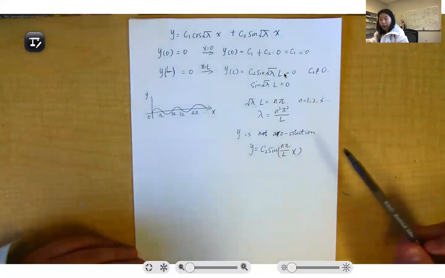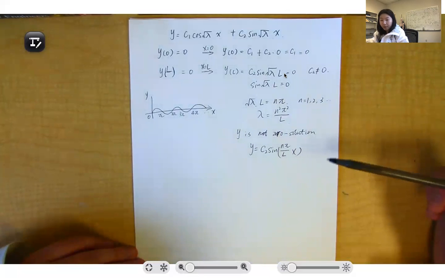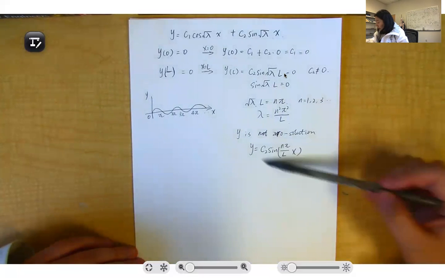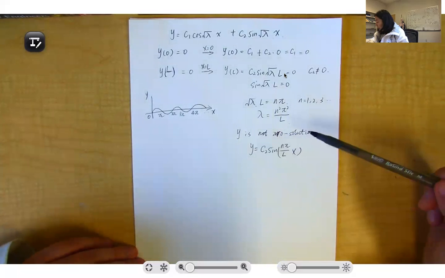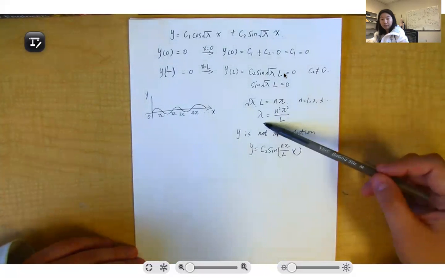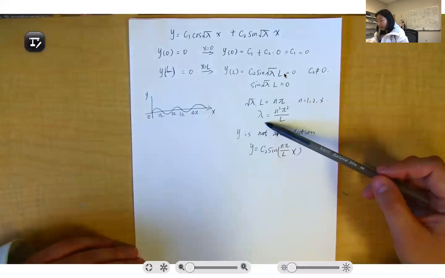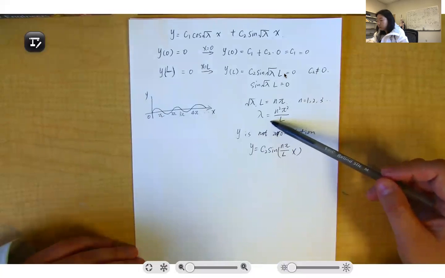Then we have to remember that our solution is based on an assumption before. The assumption is that my lambda is a positive number. How about my lambda equals 0?